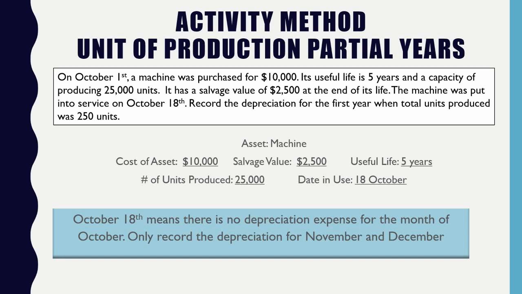Is it fair to say that you can depreciate it for the month of October? You barely used it. So in this case, we're only going to depreciate it for the month of November and the month of December. Therefore, there's only 2 months out of the year that we're actually depreciating it.